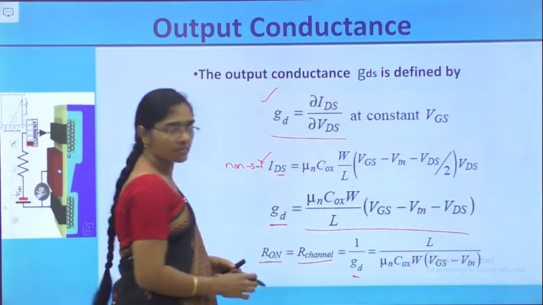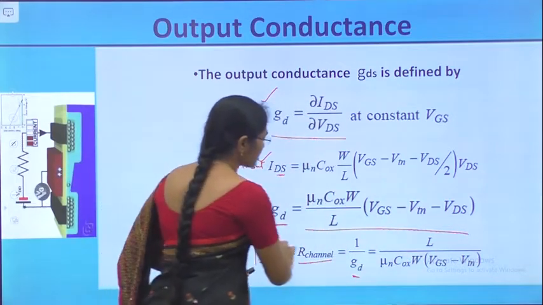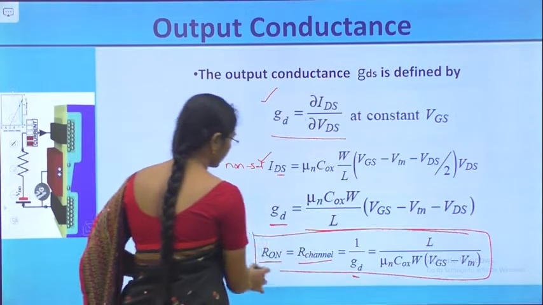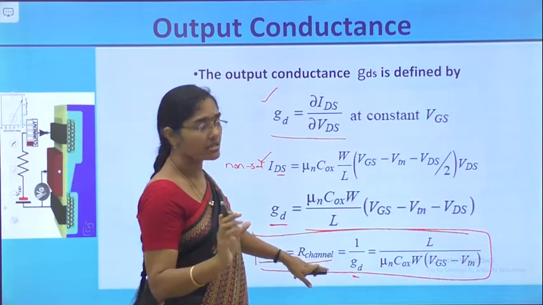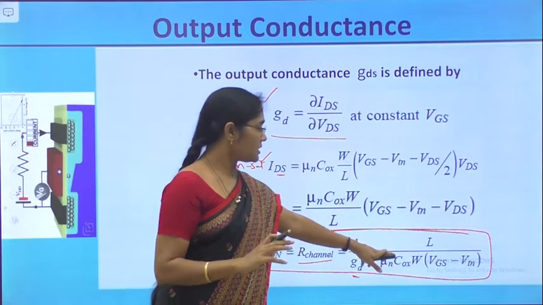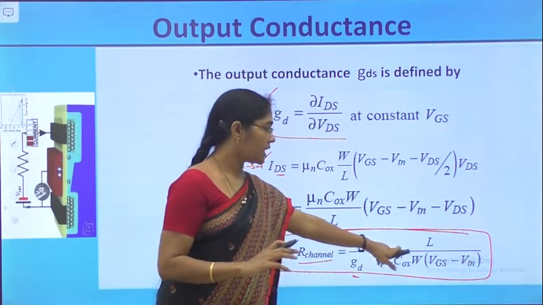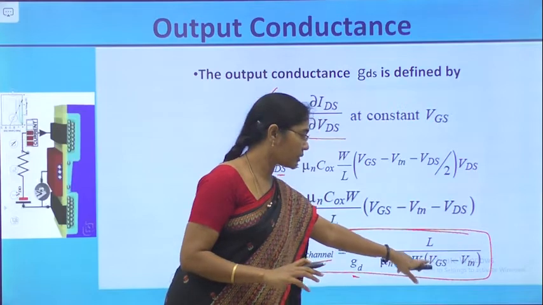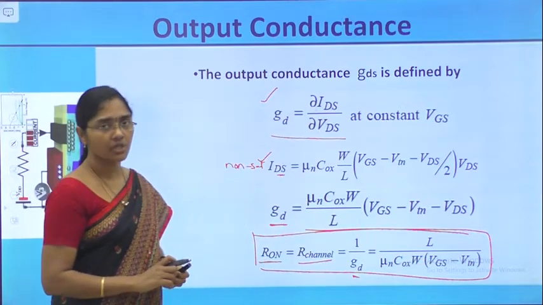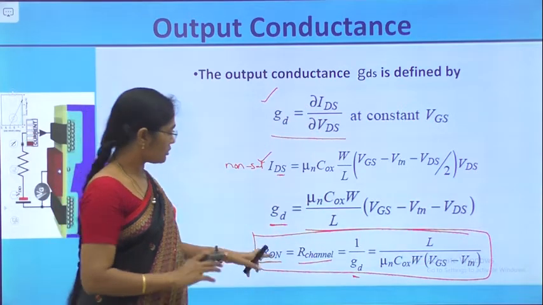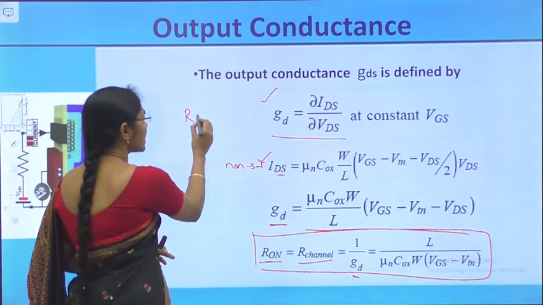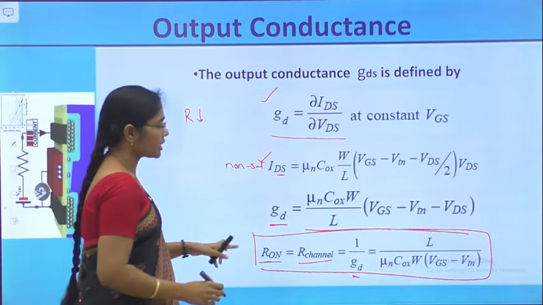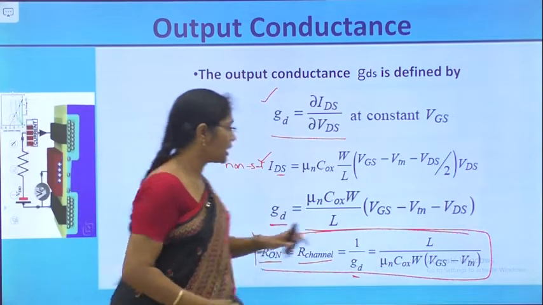Reversed, that is L by this total factor. So from this what can we understand? The resistance of the MOS transistor, or resistance of the channel, is directly proportional to L and inversely proportional to W and VGS values. That means if I want to decrease R, then what do I have to change?